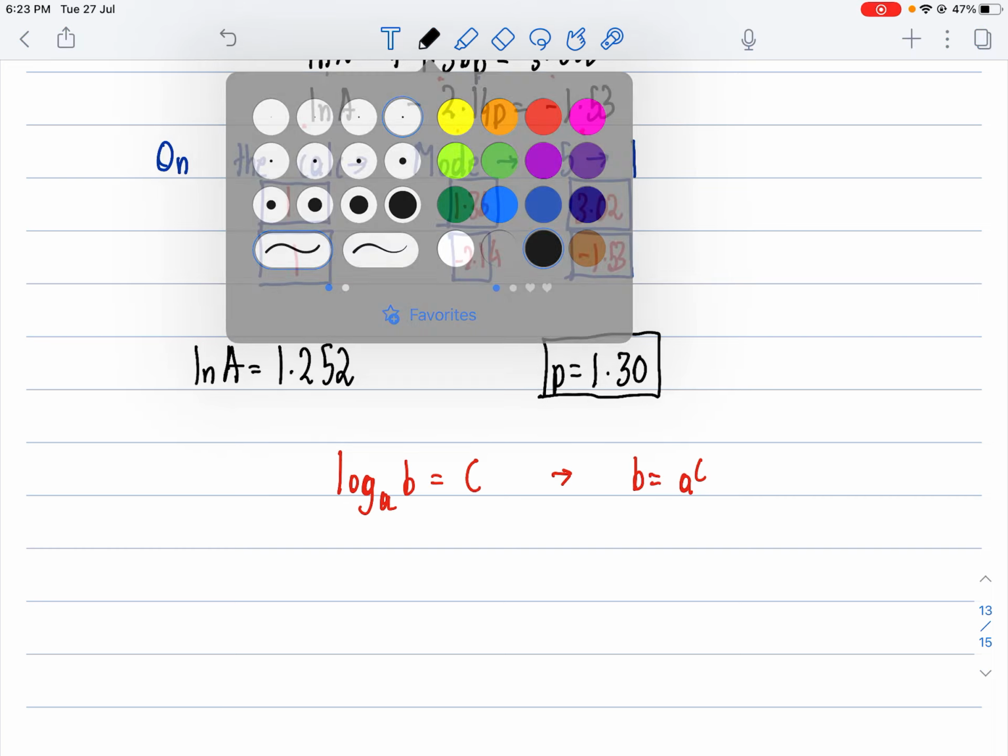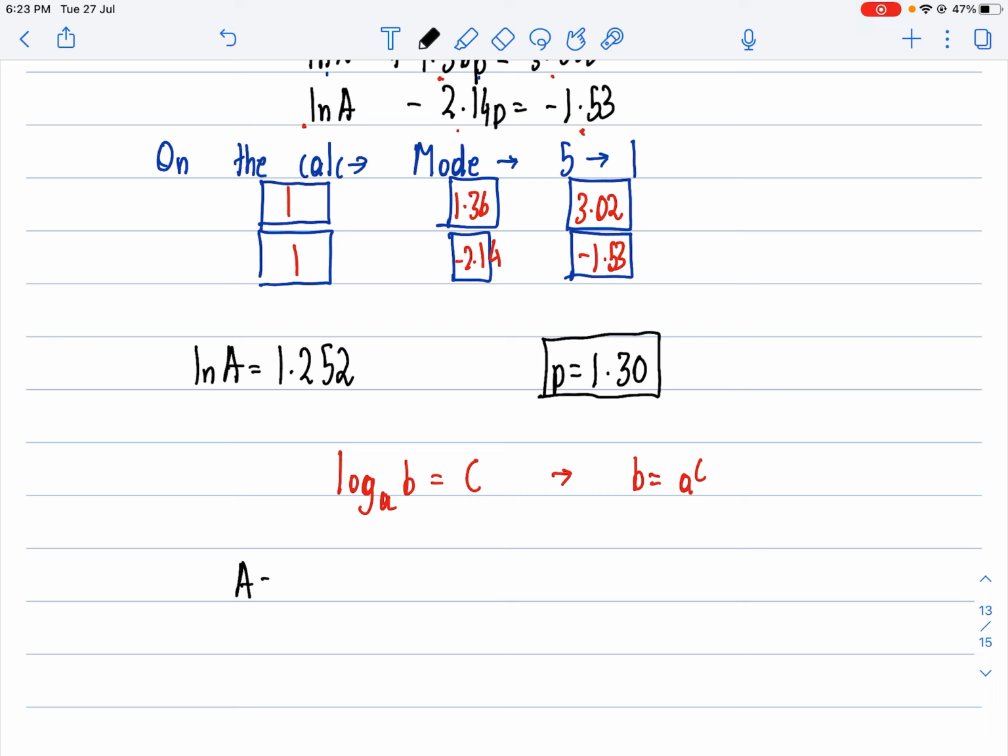So I can simply write this as A equals e raised to 1.252, which can be written as A equals, on the calci you can do e raised to 1.252, which basically gives you 3.49, okay, which is 3.50. So you get your A here and you get your P here, correct.